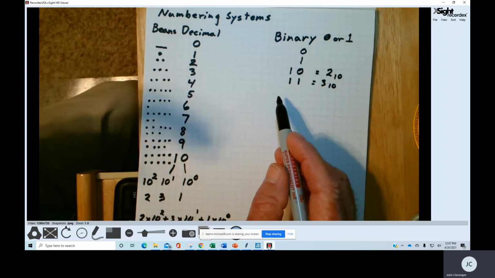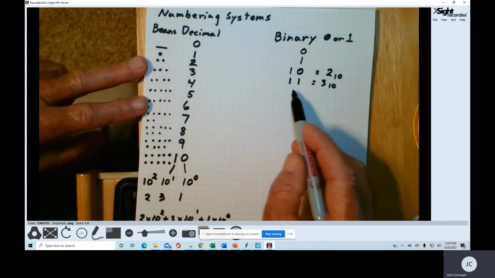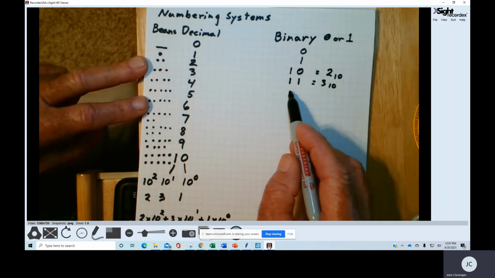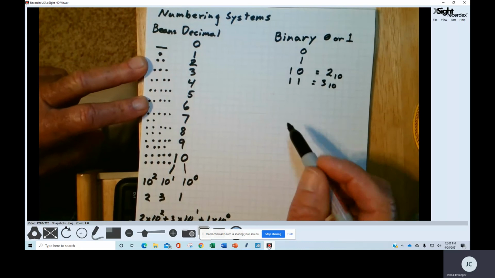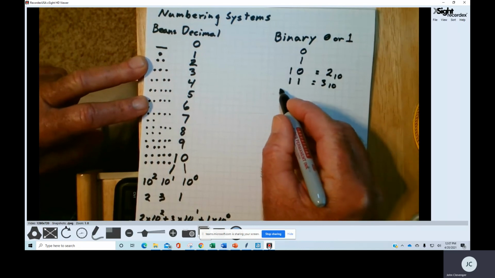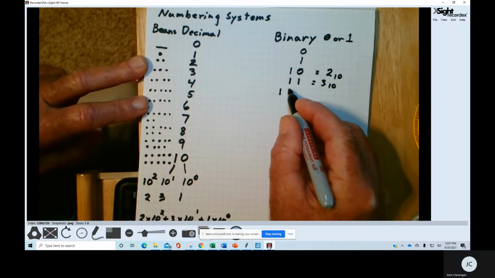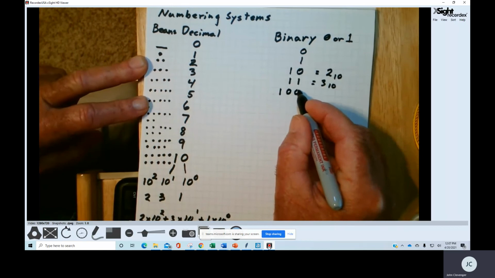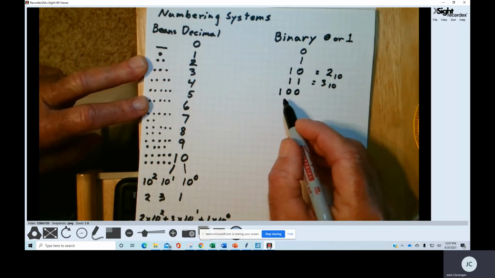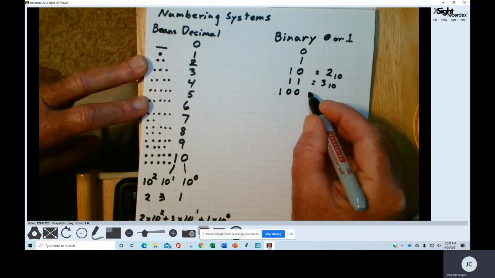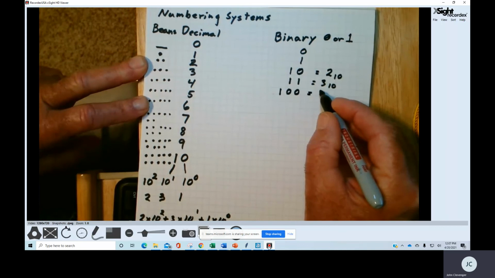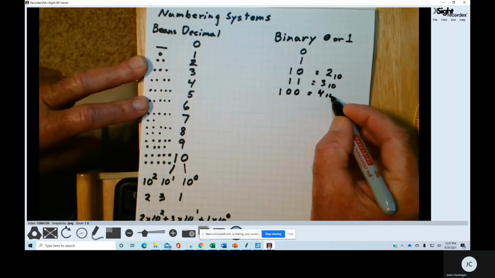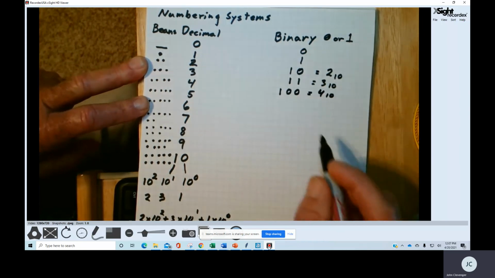Now, if I count 1 more bean, I've run out of symbols to represent quantities. So I now have to put a 1 over here and a 0 here and a 0 here. So in binary, 1, 0, 0 would equal 4 in our decimal system.